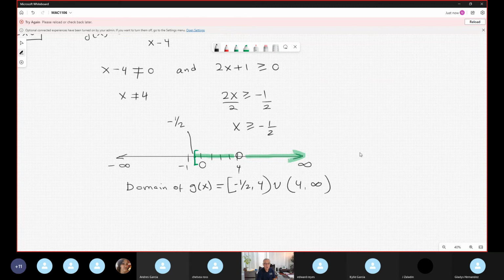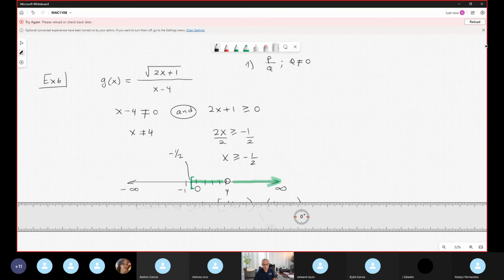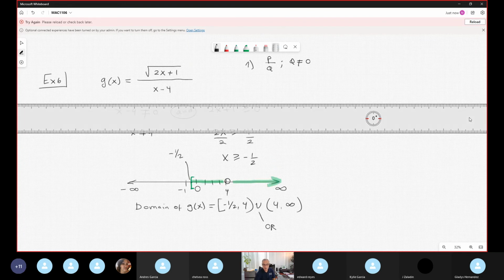In that case, you may say, professor, this looks like or. However, you said and here. It's confusing, no? So let me show you, step by step. Let me do the representation on a real number line.